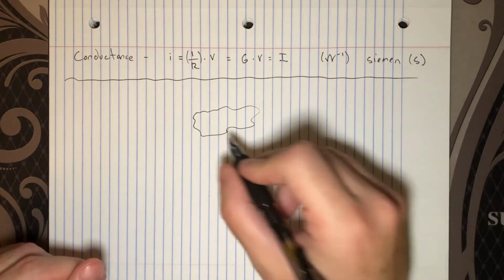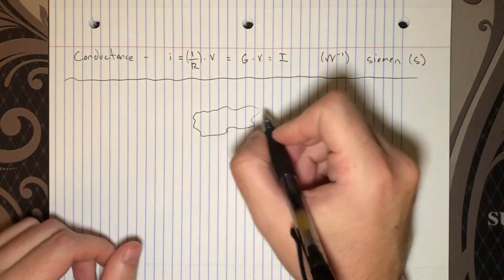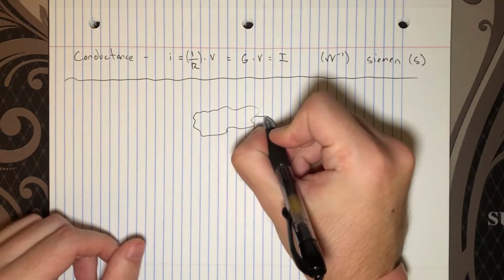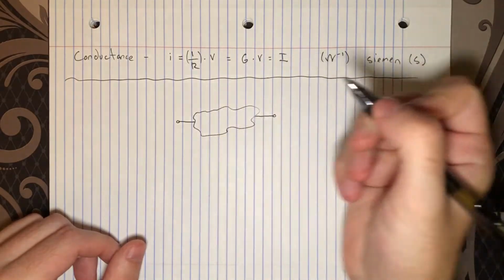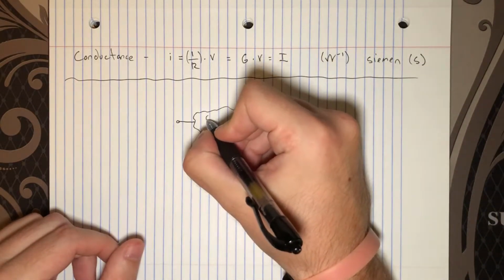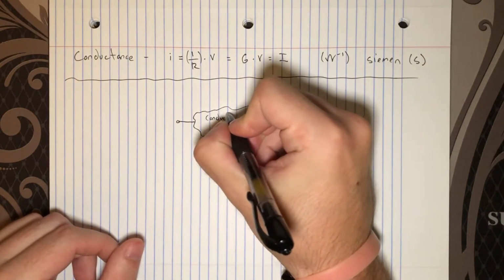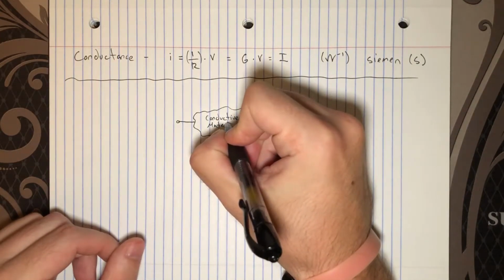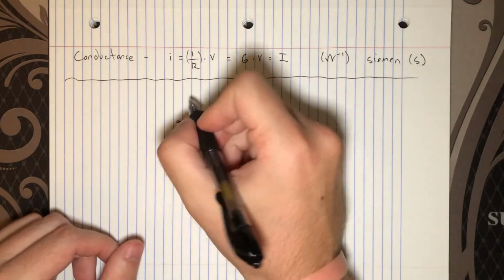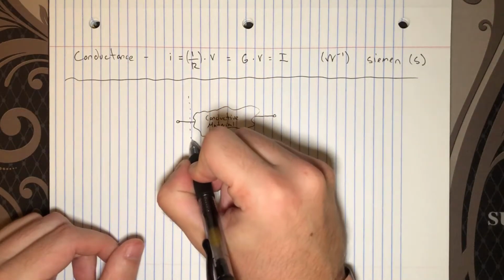And so we'll take, this could be copper, this could be aluminum, and then we literally will stick leads or wires to it, and we'll use it. So this is conductive material, and then this is a circuit element.